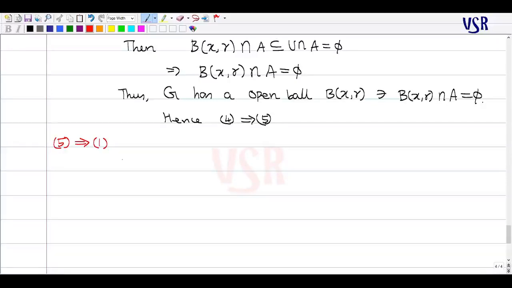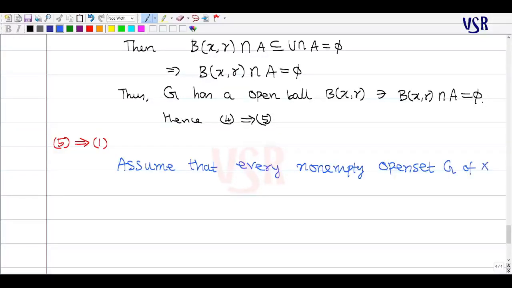Now claim வந்து என்னது, 5 implies 1, அதாவது என்னது, assume that every non-empty open set G of X has an open ball which is disjoint from A. A க்கு disjoint ஆக இருக்கும்.